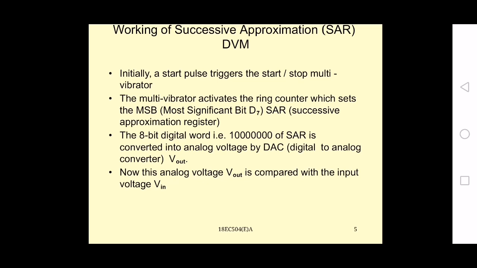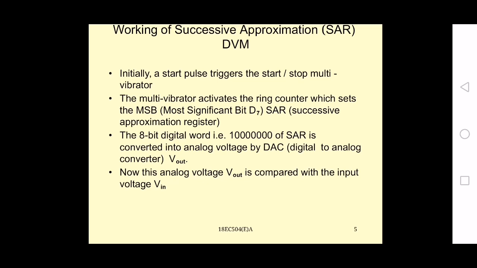Then it is converted into analog voltage by the digital to analog converter, and that is given as V out.